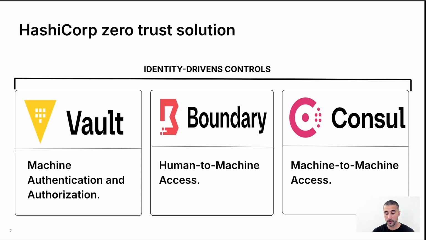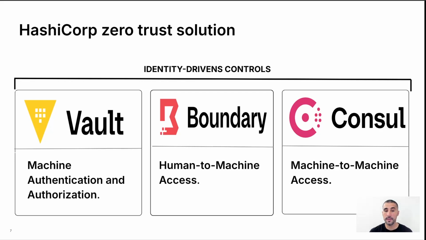By identity-driven controls, you see the shift from the old model to the new model is not IP-based or perimeter-based, it is identity-based. The unit of control shifts from an IP address to an identity. And to enforce and secure access at scale, we need identity-driven security controls.